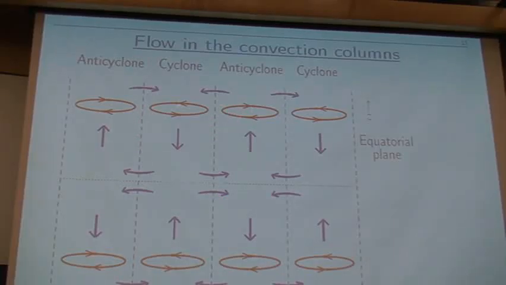So the buoyancy is actually what's turning these things round. And they turn round the same way in an entire column, because the vorticity is more or less constant all the way from top to bottom in these calculations. Okay, so that's the primary circulation.